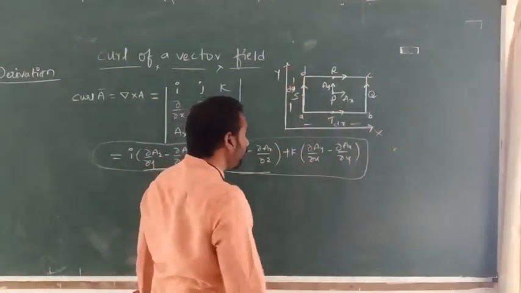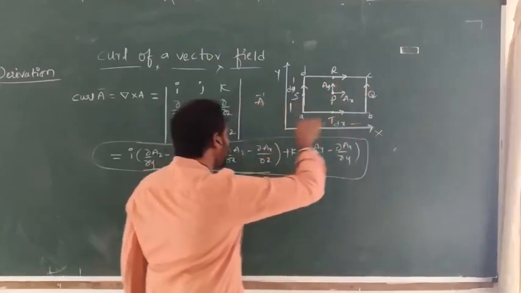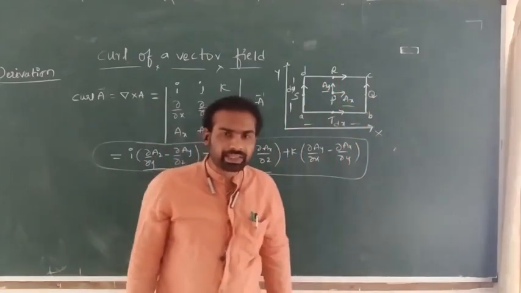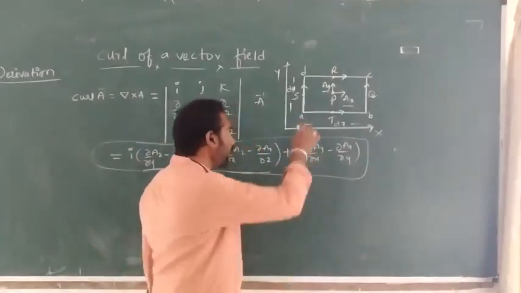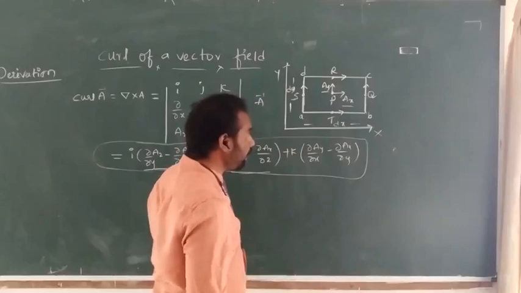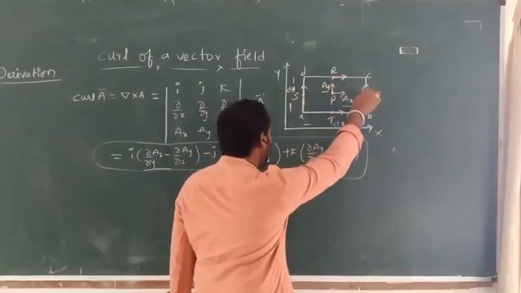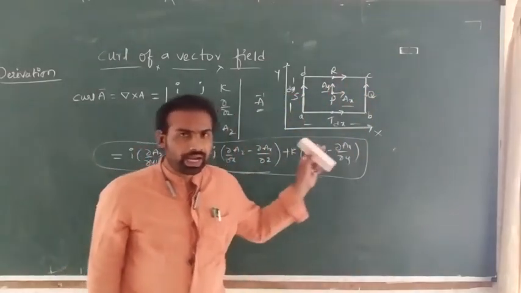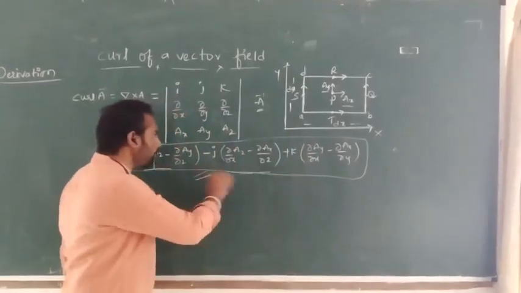At the center point P, the vector field is represented by A, whose component along the x axis is Ax and along the y axis is Ay. Now we are going to find the value of the vector field A at the midpoints R, Q, T and S, and then we will sum it up and we will get the result. That will be this formula.